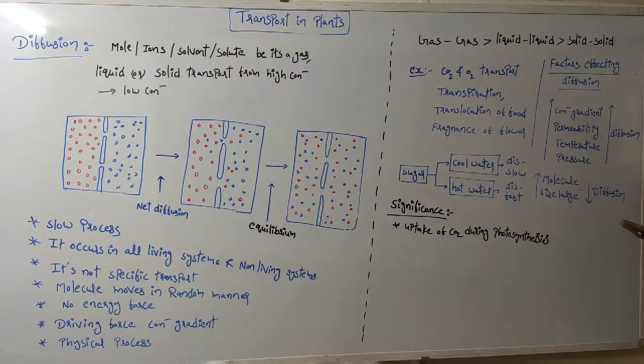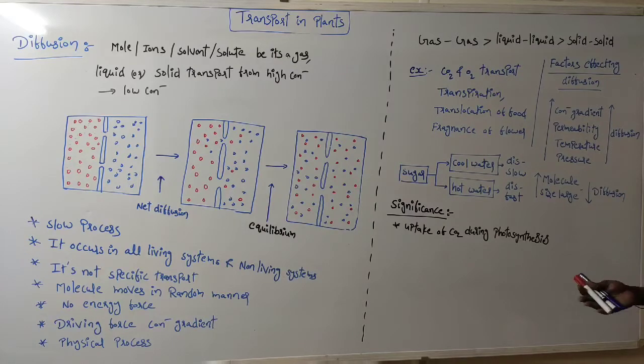Here the best example for temperature: in cool water, if we try to mix sugar, a certain time is taken. With hot coffee or hot water, if we mix the sugar, it dissolves within a short span.